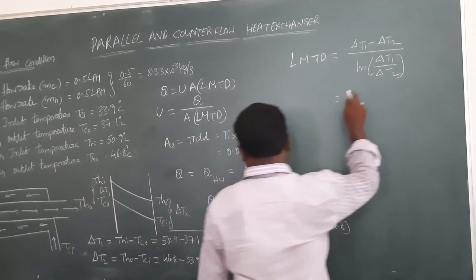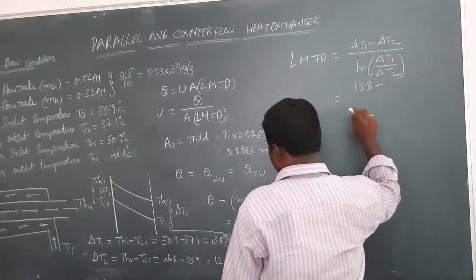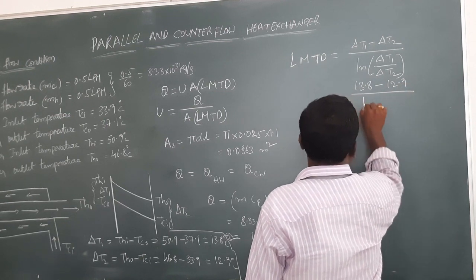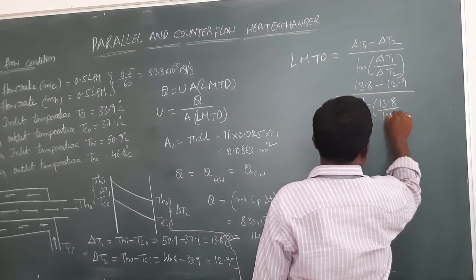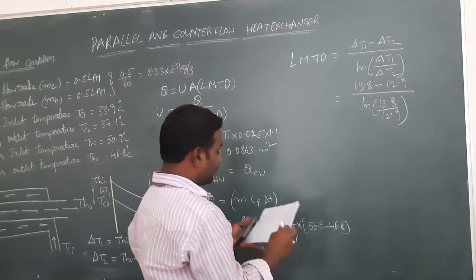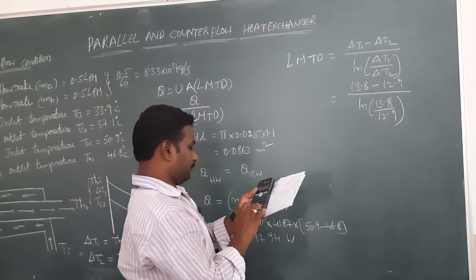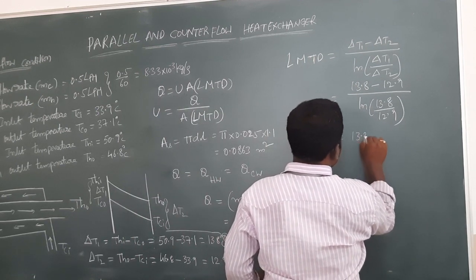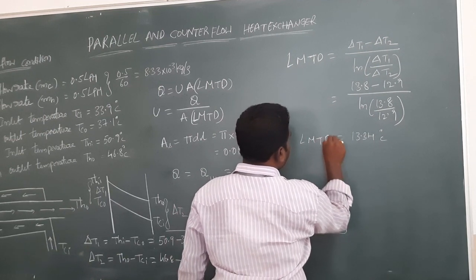Substitute the values here: 13.8 minus 12.9 divided by ln of 13.8 divided by 12.9. Calculate this value. 13.34 degree centigrade is the LMTD.